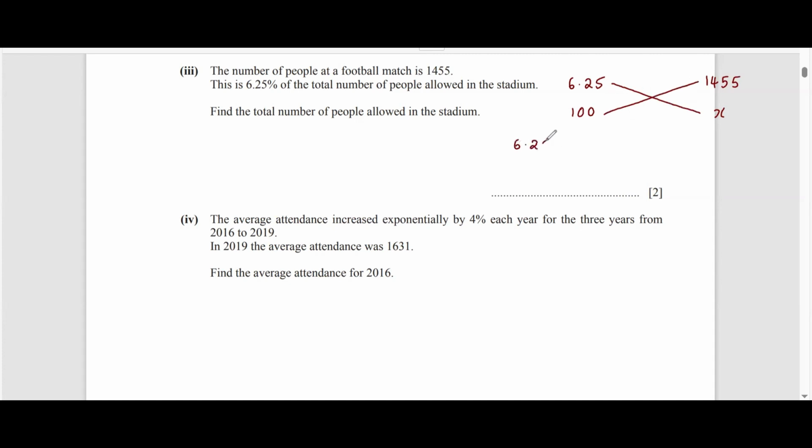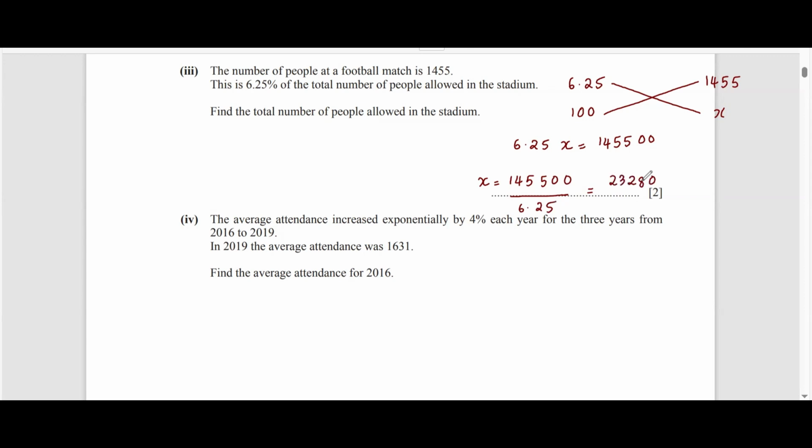6.25 into x is equal to 1,455 into 100. Therefore, x will be 145,500 divided by 6.25. When you put this in the calculator, you will get 23,280.